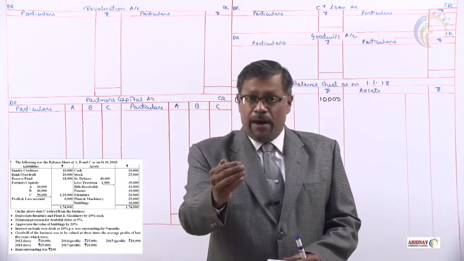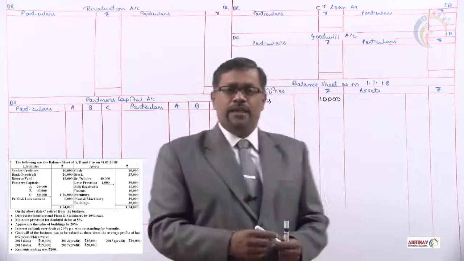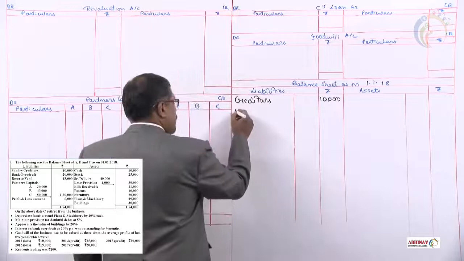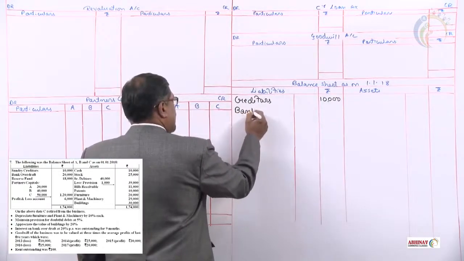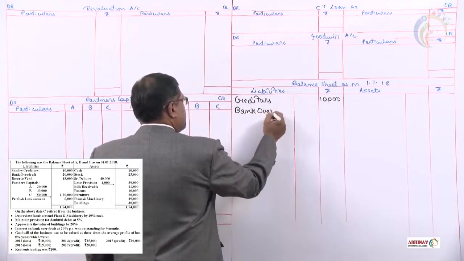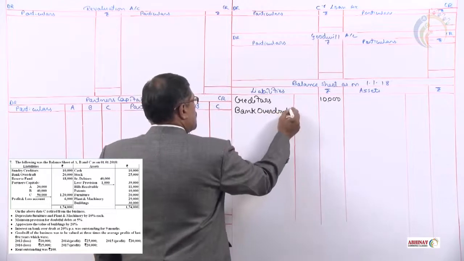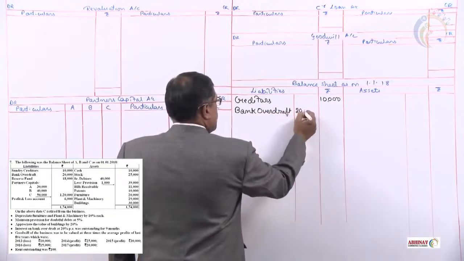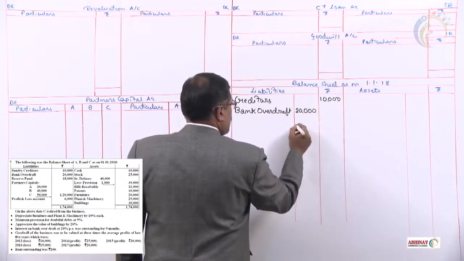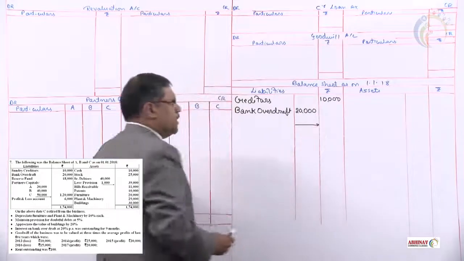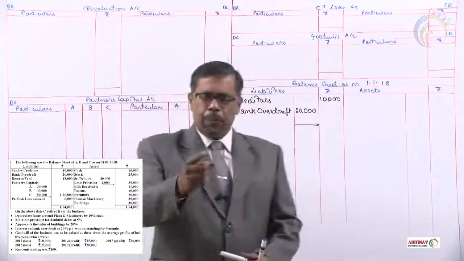So let us take bank overdraft in the inner column. Bank overdraft is again a liability. Inner column 20,000, and then we'll leave a line for that.